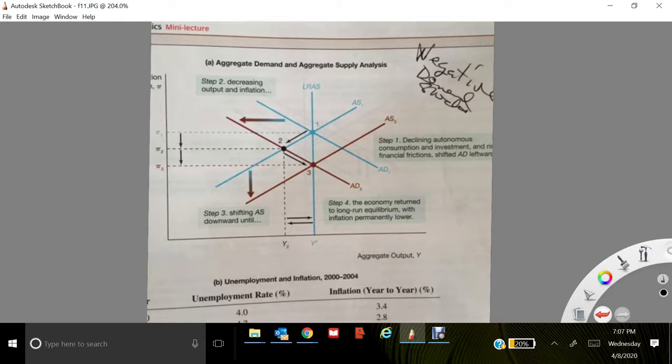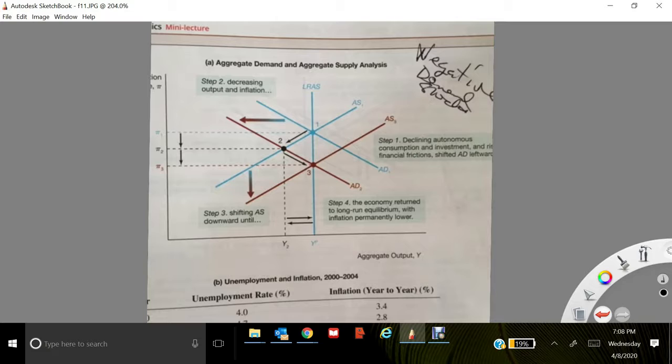Okay, so let's take a look at the case of another negative demand shock. The previous example was a negative shift in the demand curve that was caused by the Federal Reserve.